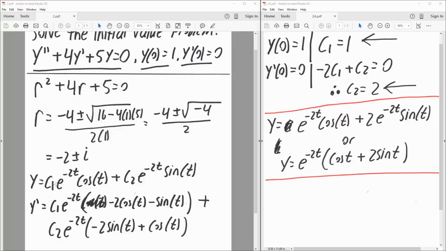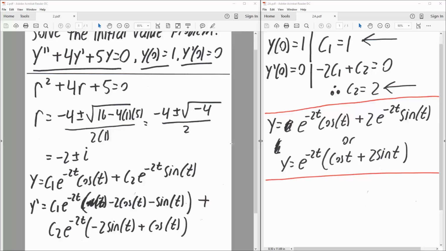The derivative y' would be c1 e^(-2t) times (-2 cosine t minus sine t), plus c2 e^(-2t) times (-2 sine t plus cosine t).